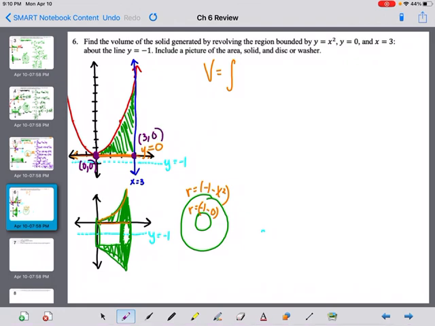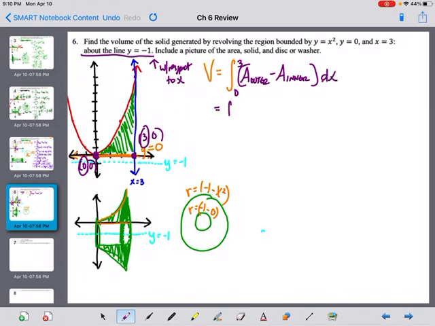So our limits of integration are with respect to x, so from 0 to 3. And then again, it's going to be area of the outer circle minus area of the inner circle. And we are integrating with respect to x this time, so dx.